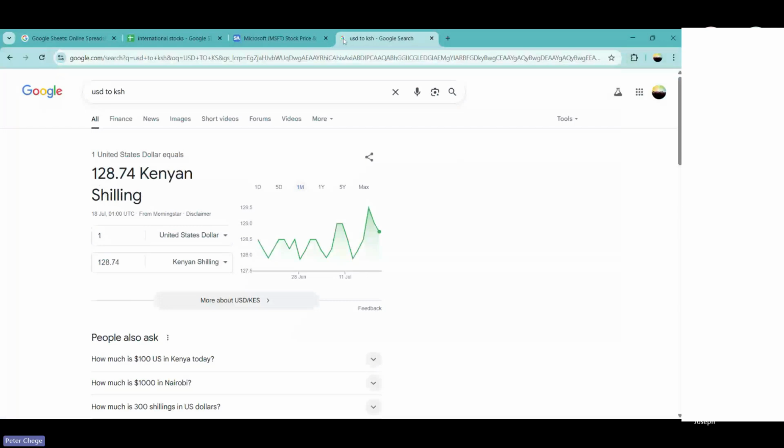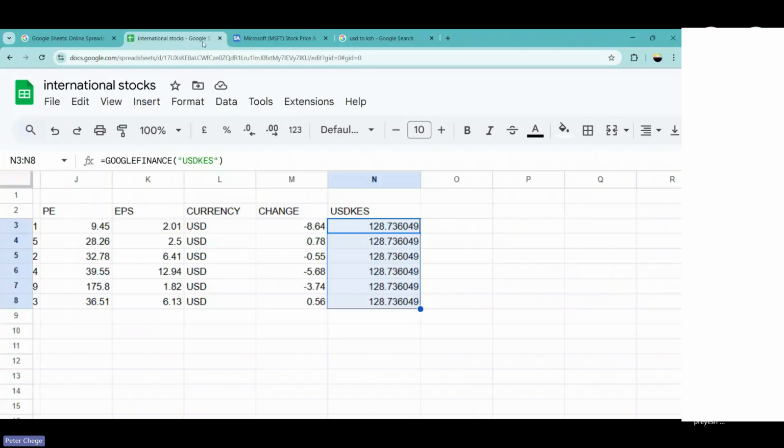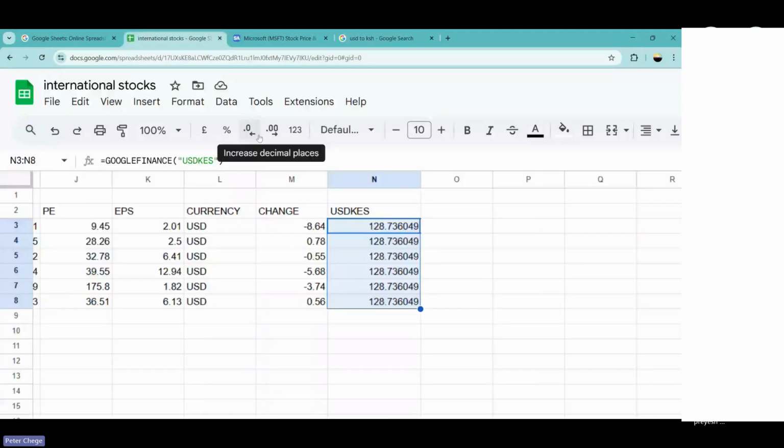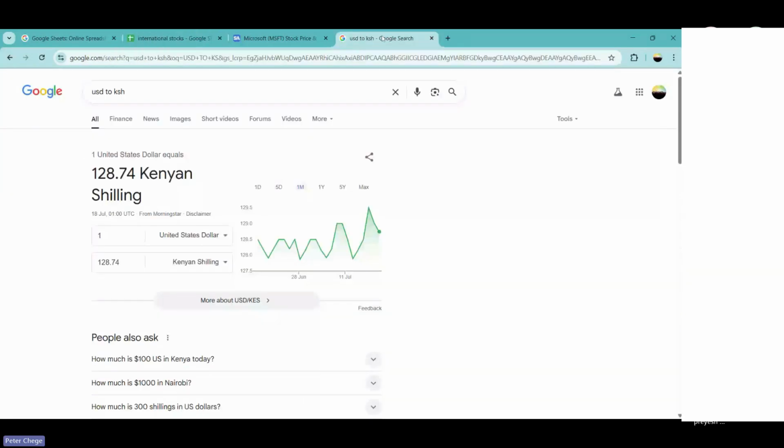I've not done any magic. That is the figure, and that's the figure we have here. Remember, there is a delay of minutes. Then if you are to do this, you do it to 4 digits. I've not pulled from any other site.